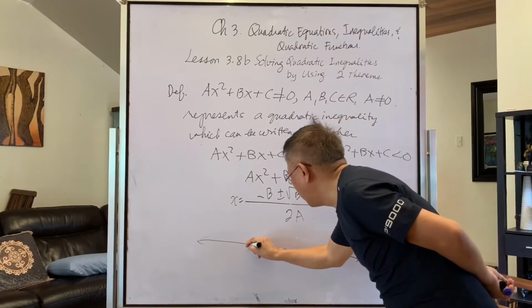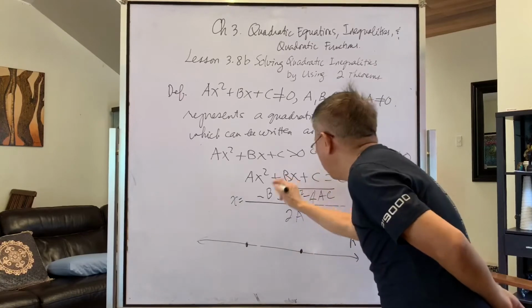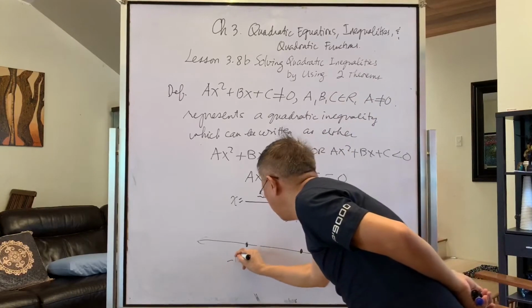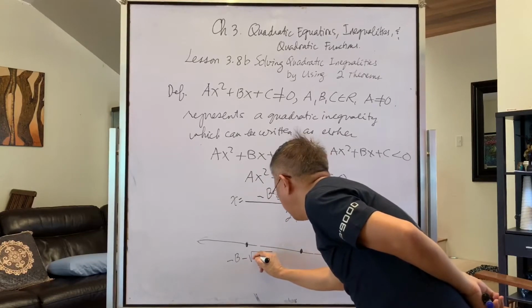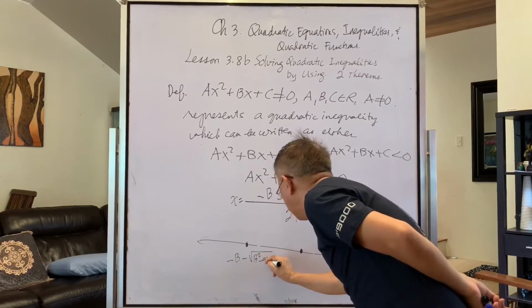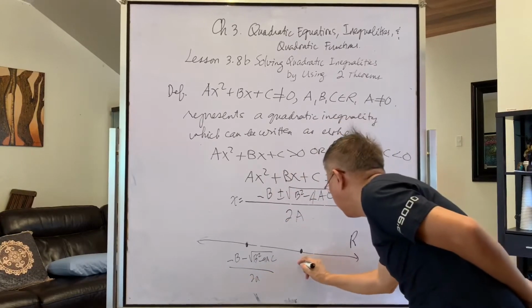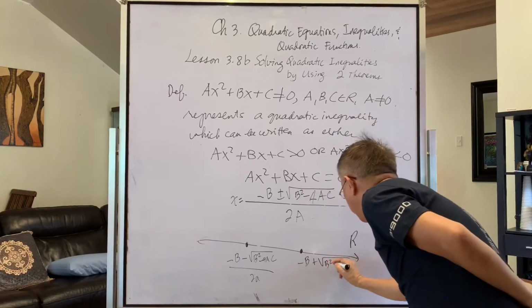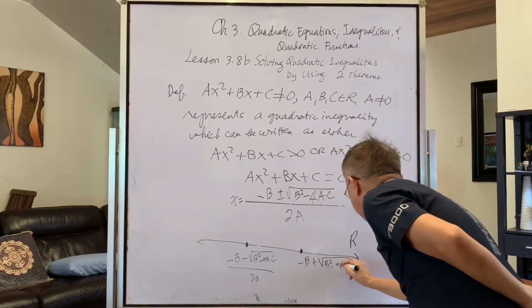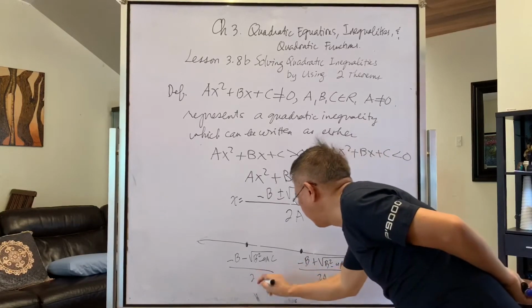For example, this one and this one will represent my roots: negative b minus the square root of b squared minus 4ac all over 2a, and here I get negative b plus square root of b squared minus 4ac all over 2a.